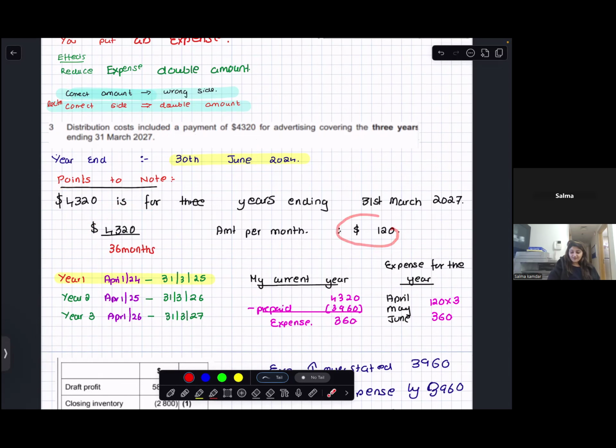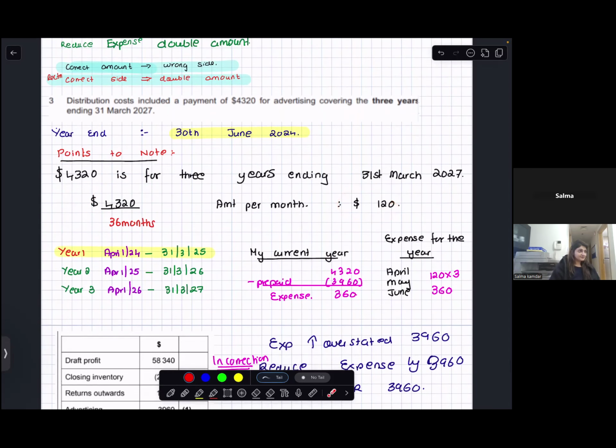So I will count my years. It is paid up to 31st March 27. This is the last year. So I write 2 years above: 31st March 26, 31st March 25.